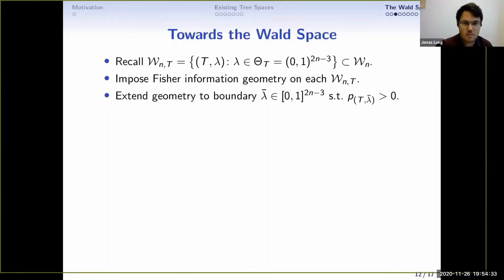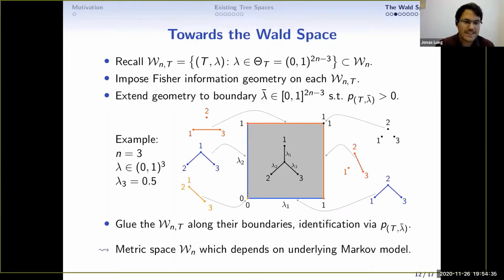So as a small example, consider 3 taxa. What you then have is the only fully resolved tree that you can have is the one in the gray square in the middle with 3 edges. And now, for illustrational purposes, I fixed lambda 3 to be just 0.5. So we basically have 2 dimensions left, lambda 1 and lambda 2.